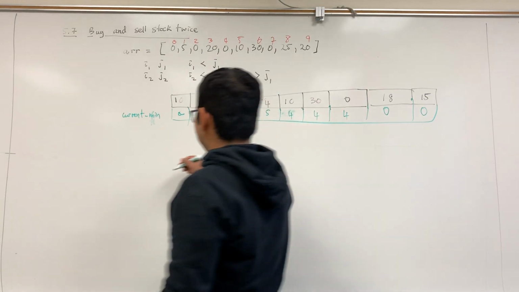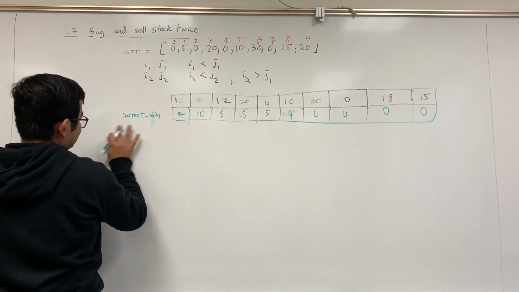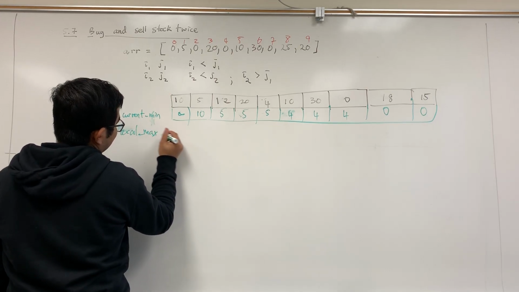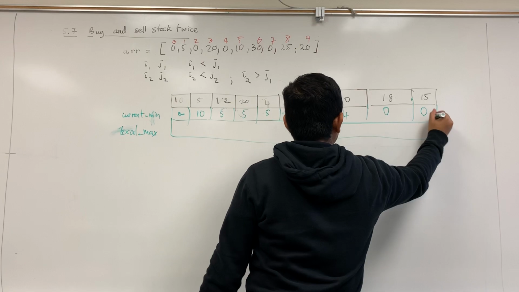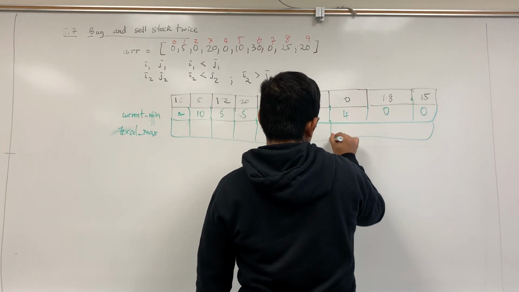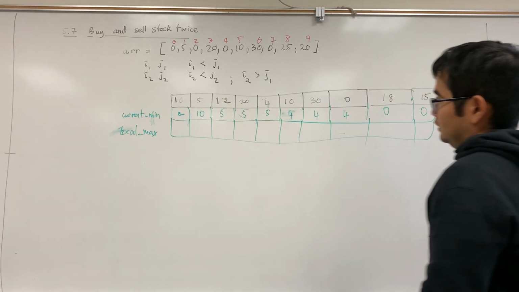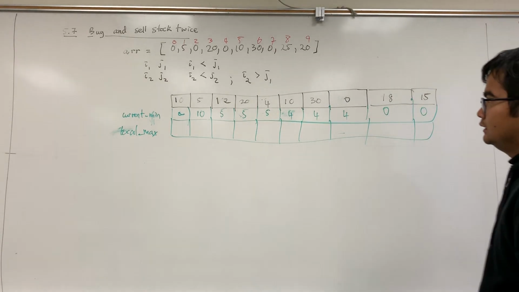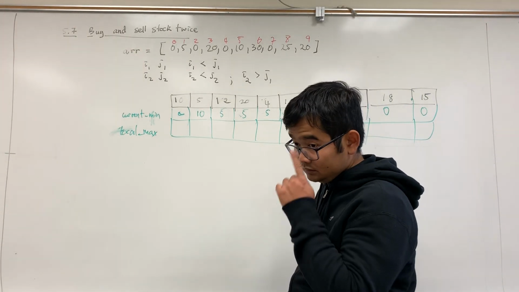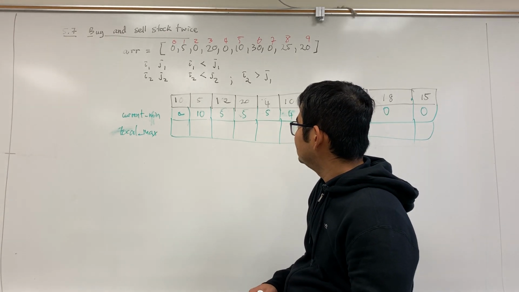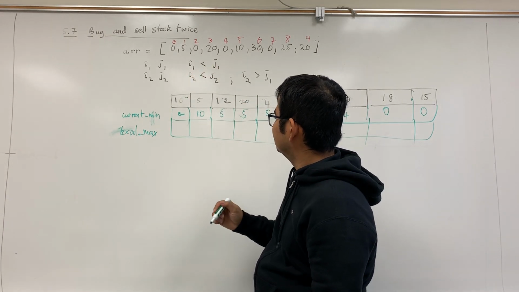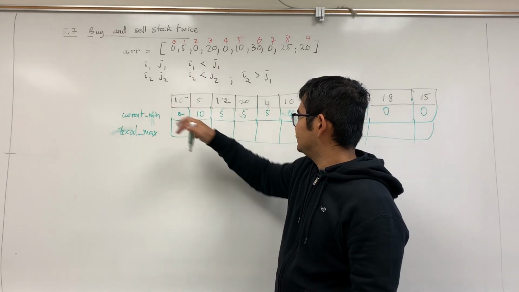And then we look at the current local max. In order to find the local max, we take the stock price minus the current min.